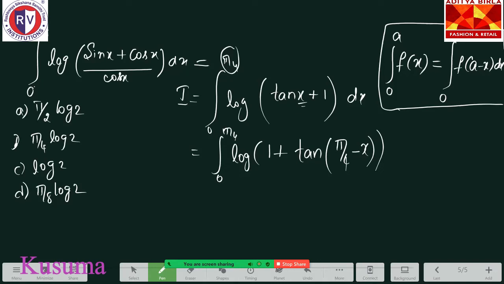Okay, let us now expand tan of (pi by 4 minus x). We use the tan of (a minus b) formula, so what we get is tan pi by 4 minus tan x by 1 plus tan pi by 4 into tan x. What is the value of tan pi by 4?